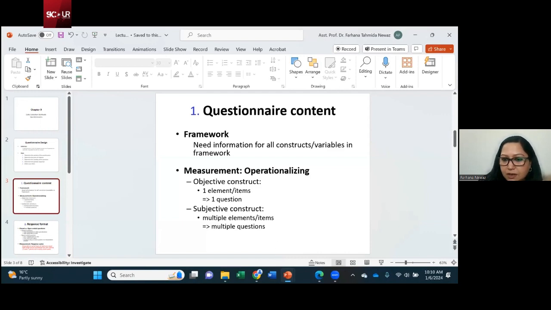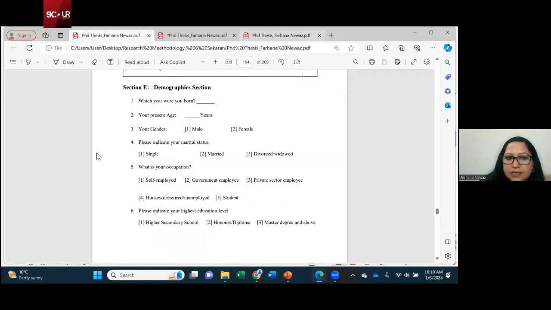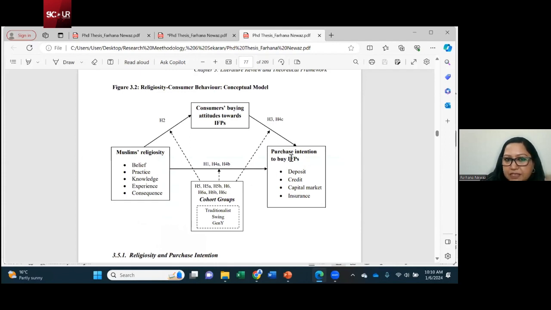Making sense or not? For example, if I refer to my conceptual model, with religiosity, buying behavior, and purchase intention, suppose we take purchase intention, the dependent variable. If I would like to measure it, I need a minimum of 5 questions.